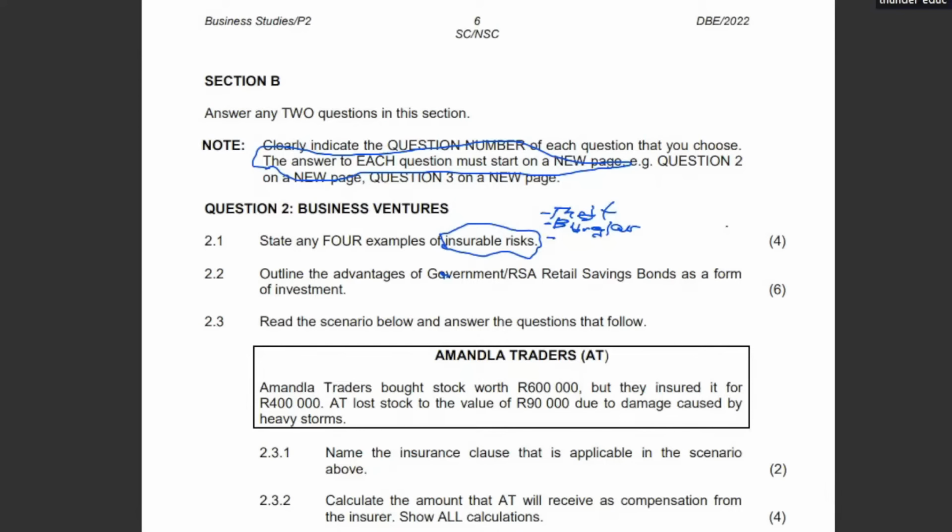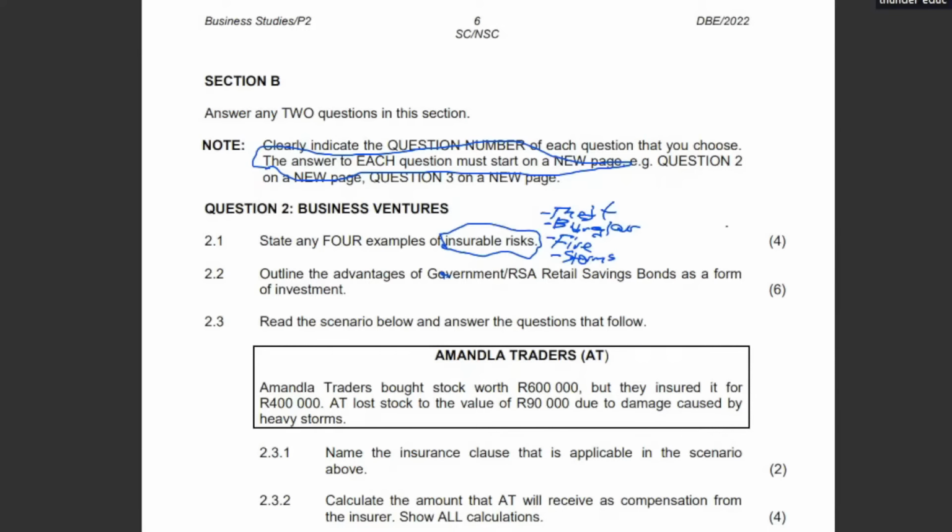And then we also have fire. And we also have what we call storms. Under storms, you can also talk of natural disasters. You can talk of wind, rain, hail.